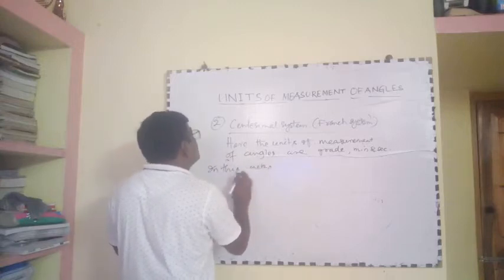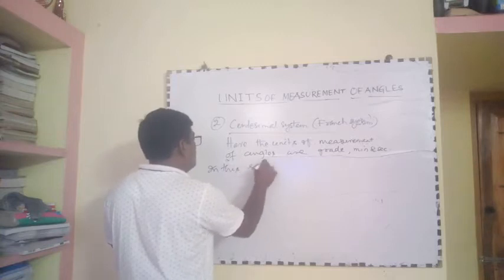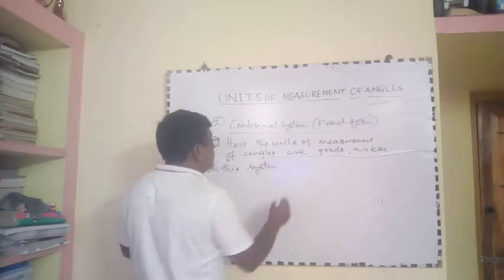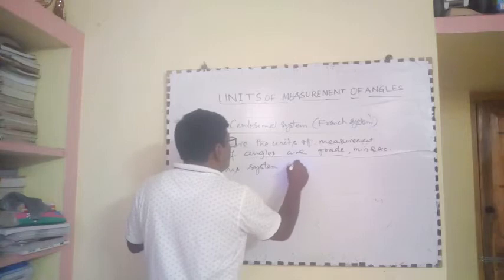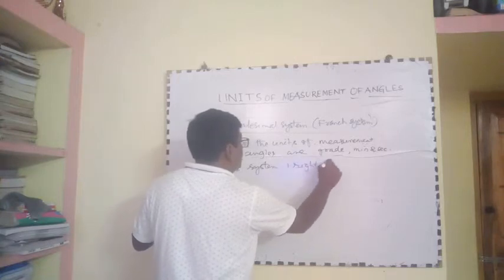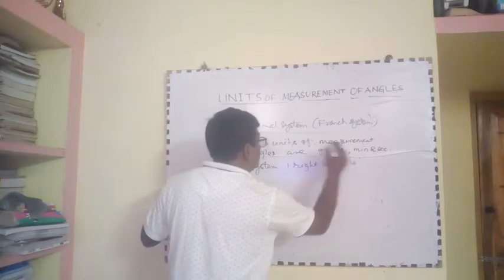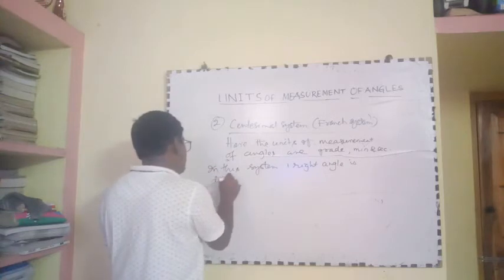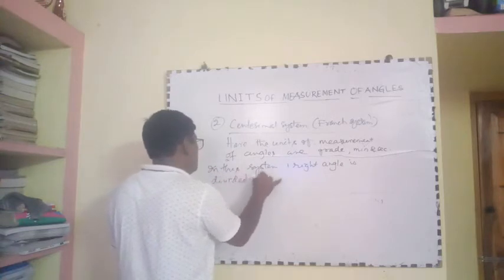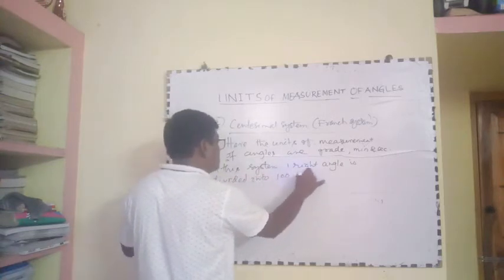In this system, one right angle is divided into 100 equal parts.